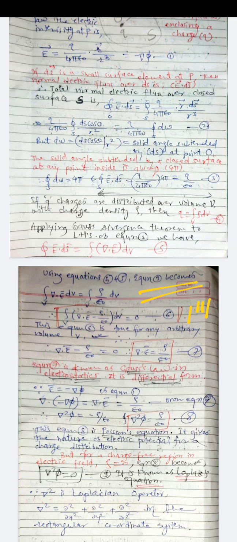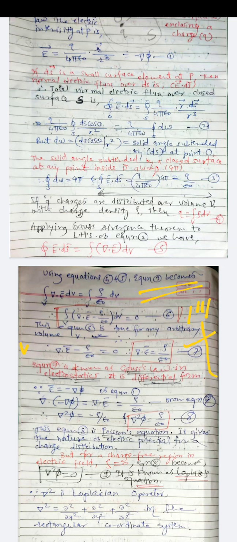Now we move further. This equation 6 is true for any arbitrary volume V. Therefore, divergence of E bar minus rho upon epsilon 0 equal to 0, which means divergence of E bar equal to rho upon epsilon 0. Equation number 7.